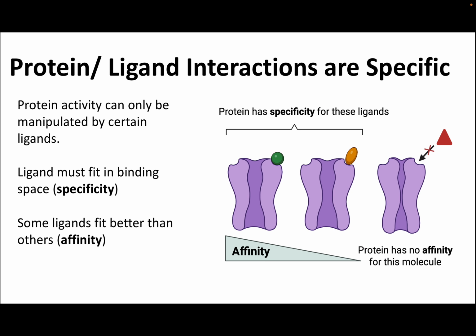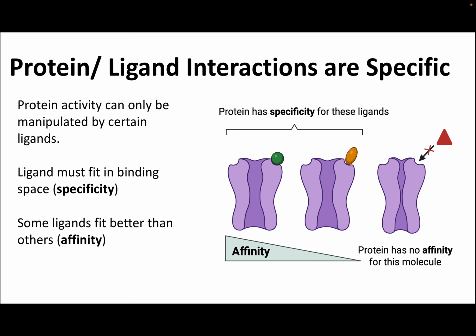Now, these ligands are very specific. It's not like there's just any molecule that can bind to any protein and turn it on or off. And that's good because we want to be able to have control over when the protein is active versus when it's inactive. The way that we're able to do that is by having specific ligands that can act upon specific proteins. There's actually a word that talks about the fact that some ligands fit with proteins and some don't, and the word is specificity.